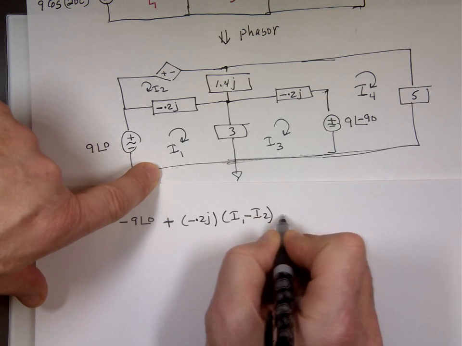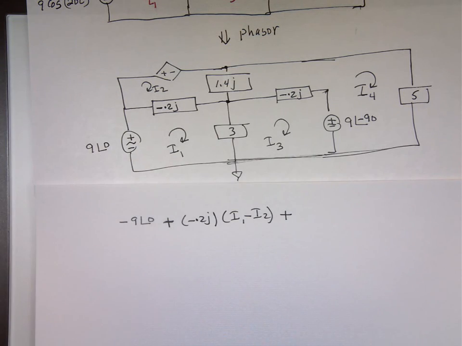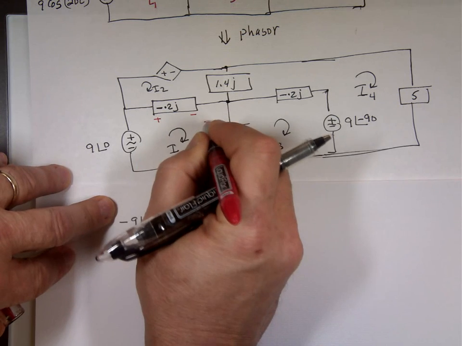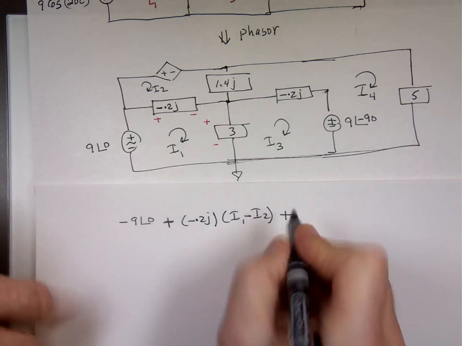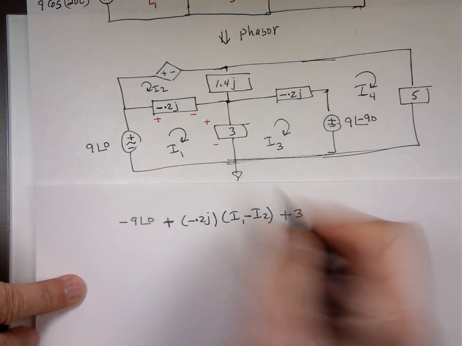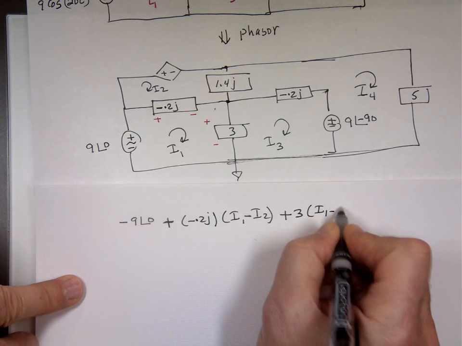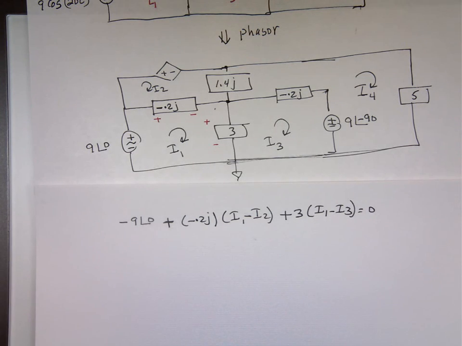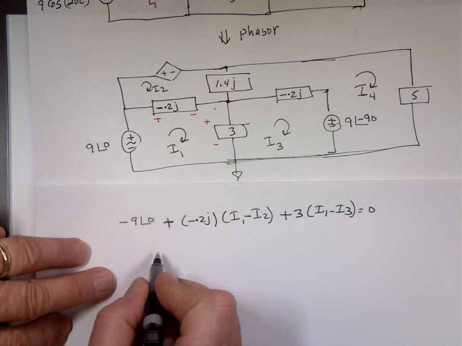Plus, again, I'm traveling clockwise, marking plus, minus. That'll be 3 times what? What's the current top to bottom? Because plus to minus, I1 minus I2, minus I3. So if we clean that equation: I sub 1, 3 minus 0.2 j.